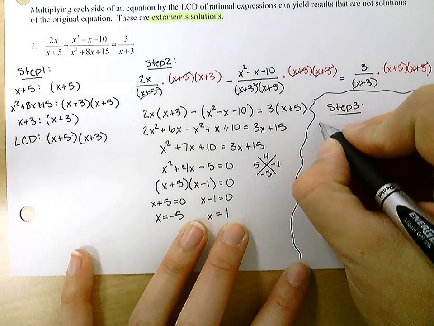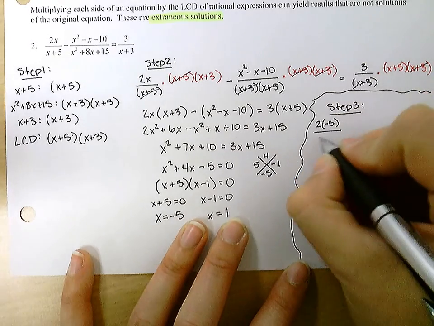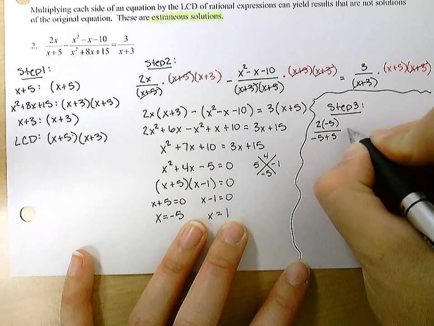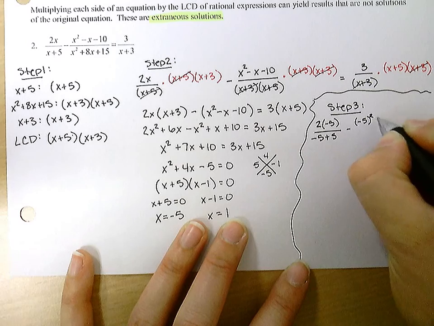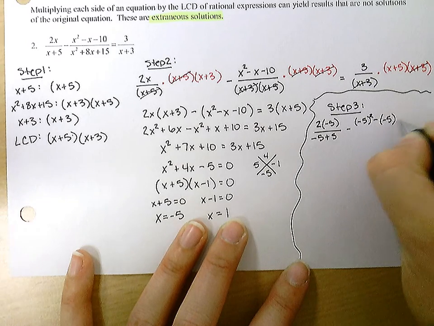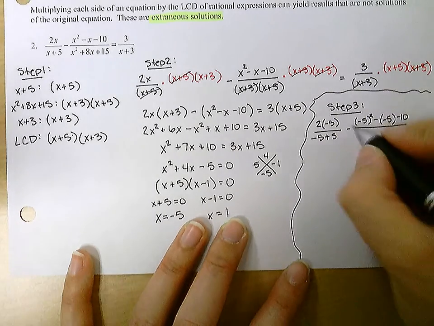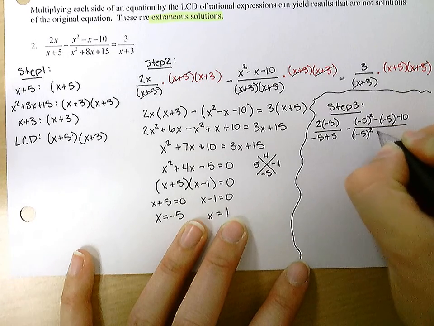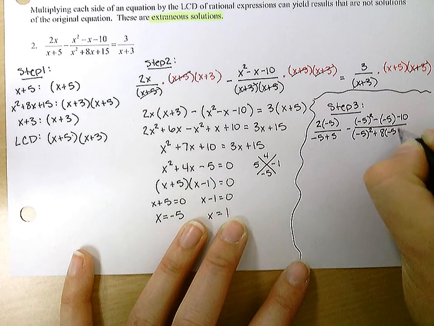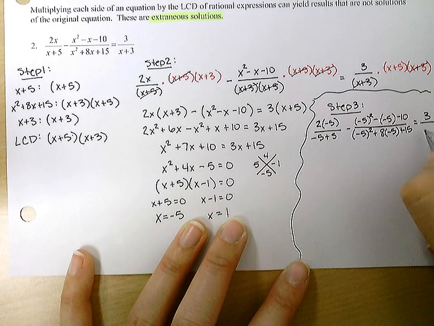So I would have 2 times negative 5 over negative 5 plus 5, minus negative 5 squared minus negative 5 minus 10, over negative 5 squared plus 8 times negative 5 plus 15, equal to 3 over negative 5 plus 3.